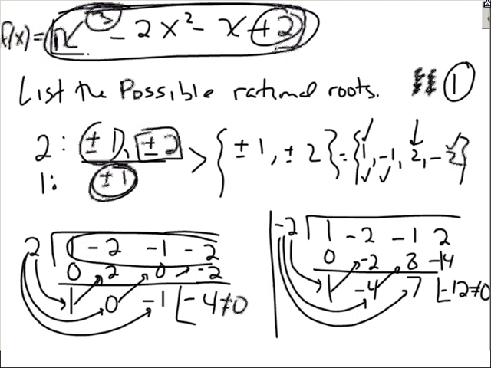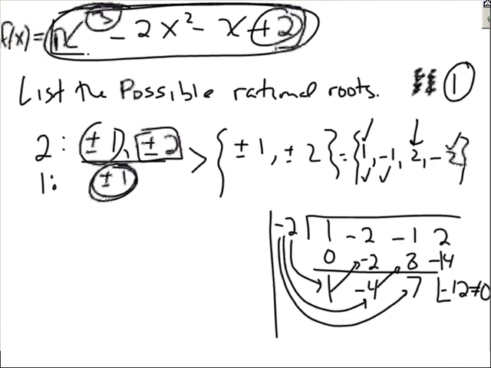Okay, something went wrong with 2. 2 should have worked. 8 minus 8. 2 should have worked. Let's try 2 again. I'm sorry that something went wrong. 2. We have 1x cubed, negative 2x squared, negative 1x, and then plus 2.